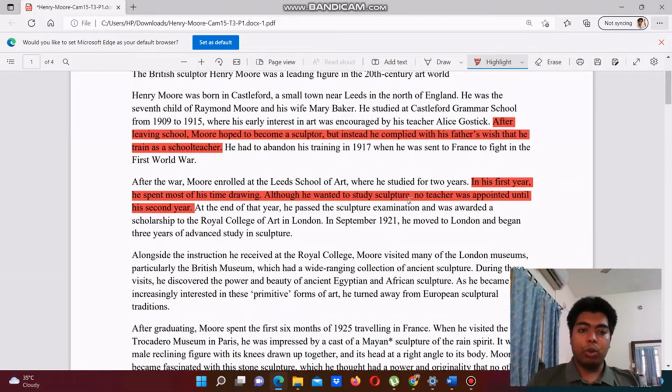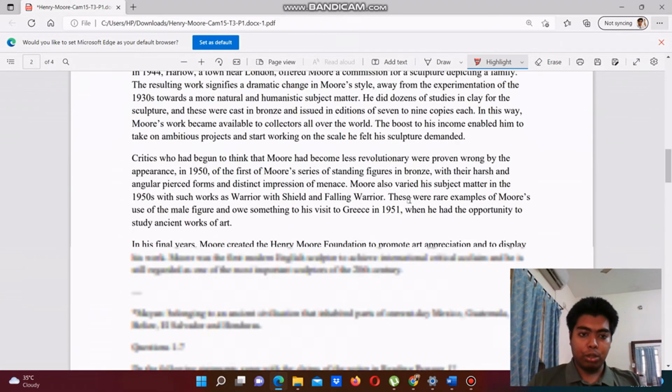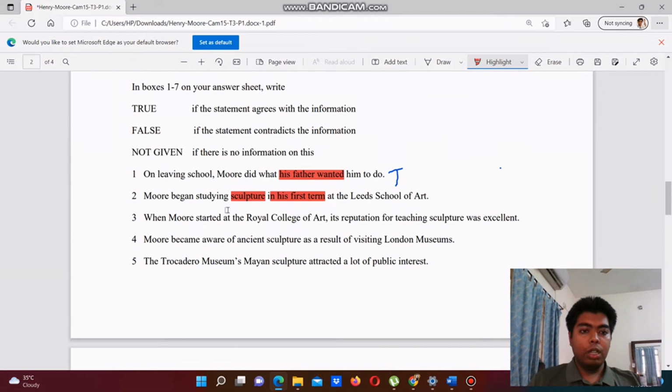So if we go back to our question, "Moore began studying sculpture." No, it will be false. Moore began studying drawing in his first term, not sculpture. So it will be false. Very easy.